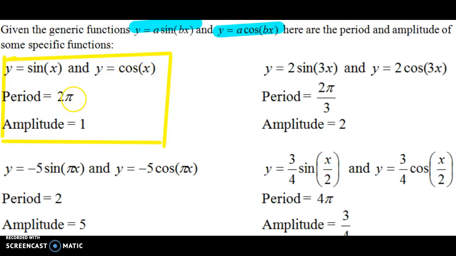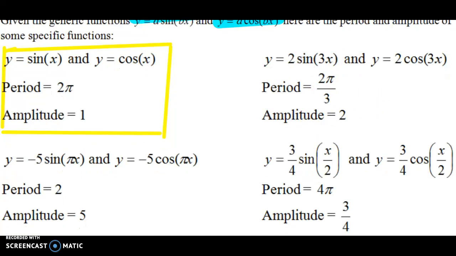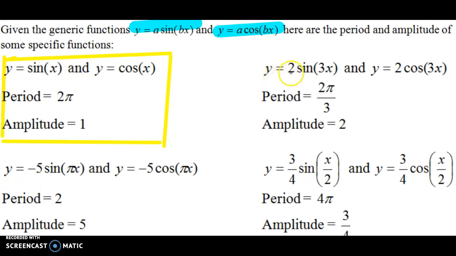The period, like I just explained in that simulation, was 2 pi, and the amplitude was 1. Remember, the distance from -1 to 1 was 2. Cut that in half, we get an amplitude of 1. And then you guys can notice here how this is affected. So that being said, for these other examples, like here we have y equals 2 times the sine of 3x.